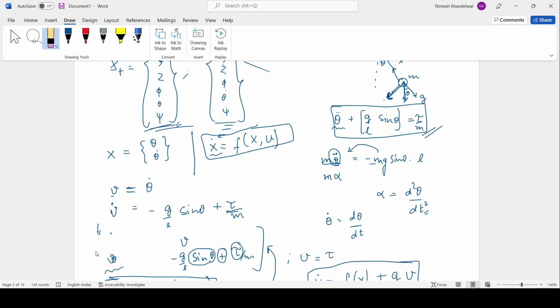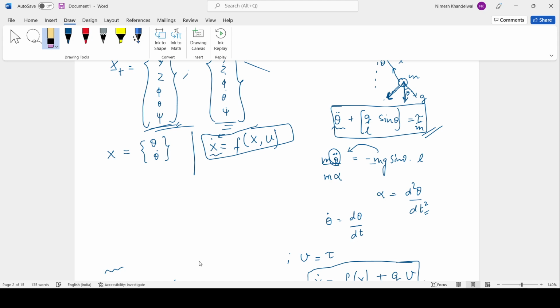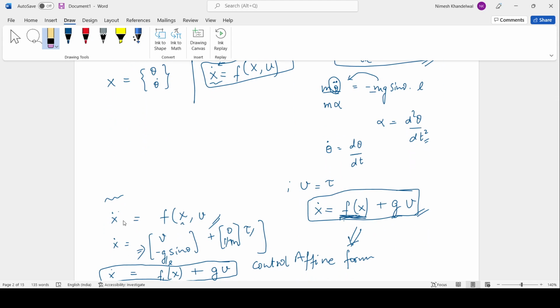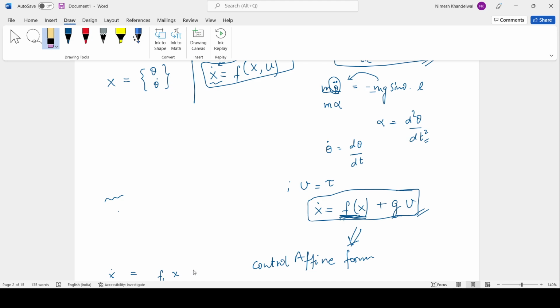Can you tell me what happens when I say that the angle of oscillation is very small? G by L sin theta will approach 0. No, sine theta when theta is very small does not approach zero. As theta approaches 0, sin theta approaches 0, right, sir?